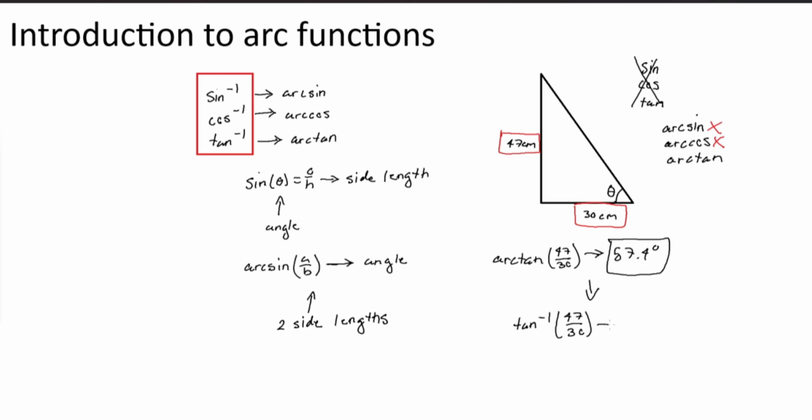It's the exact same thing as writing this. You're going to get the same result. Tangent to the negative 1 power is the same thing as arc tangent.